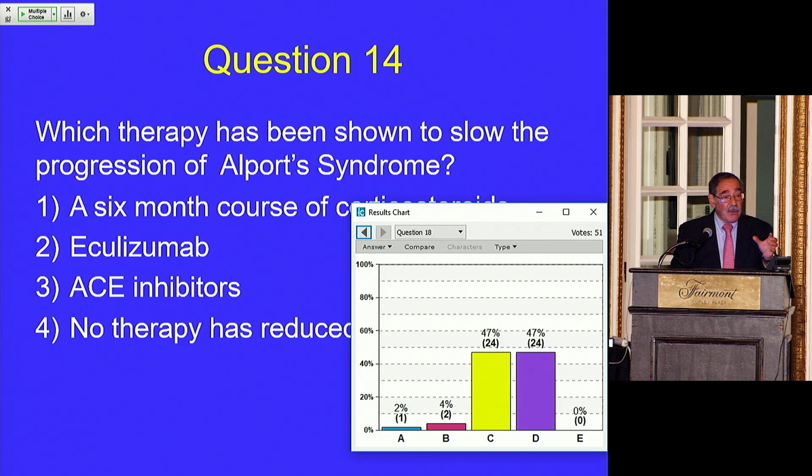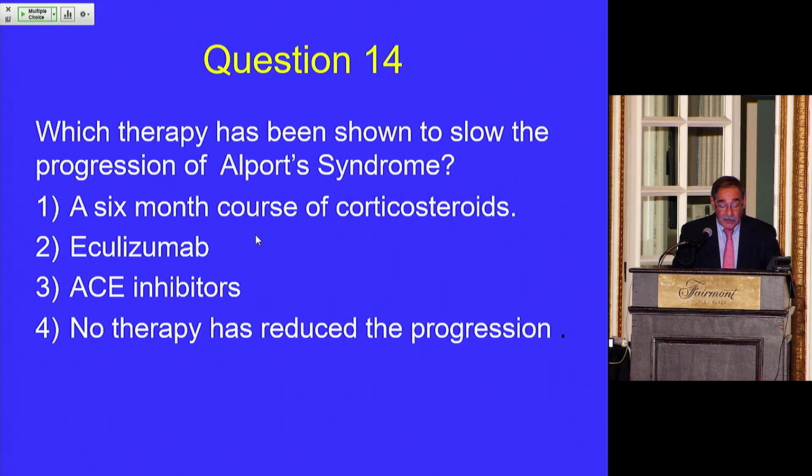So they compared the course, and ACE inhibitors tremendously slow the progression of disease. Enough so that the Alport Foundation, the NKF, everybody is recommending ACE inhibitors and ARBs, even for kids with Alport's, as soon as they have any proteinuria. So that's what you should do in your patients. I don't know what you do on the boards, but that's what you should do in your patients.